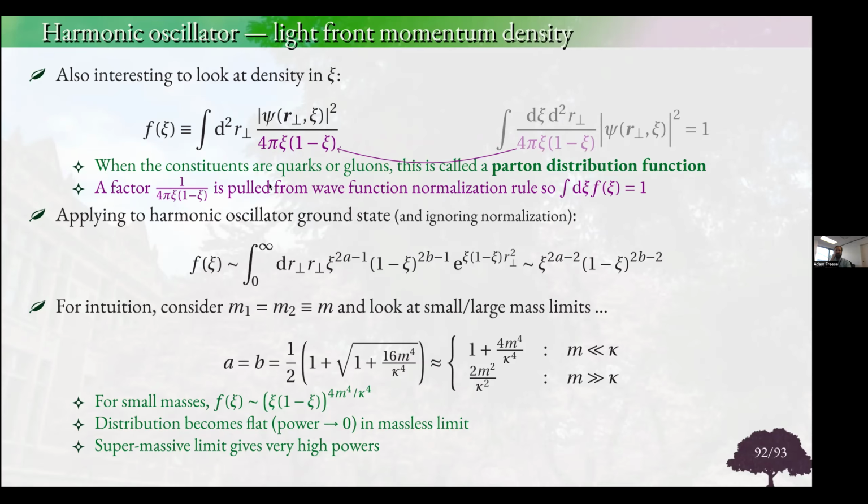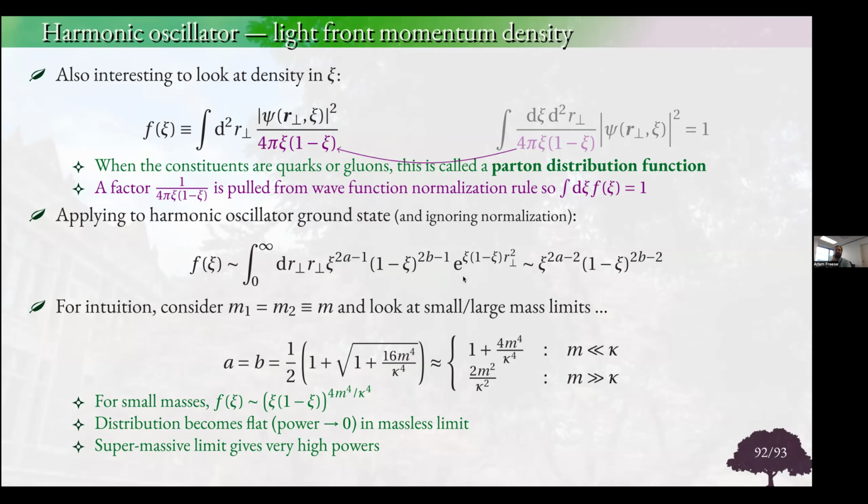Applying this to the harmonic oscillator ground state and ignoring normalization for now, we can restore the normalization later. You end up getting from this 1 over xi times 1 minus xi, an extra factor of minus 1 on each of these. Since you're squaring the wave function, you get 2a and 2b here. And there should be a minus and a kappa in this equation, the exponent.